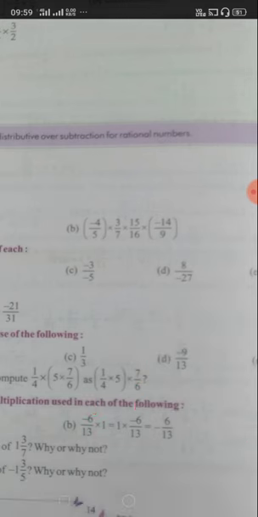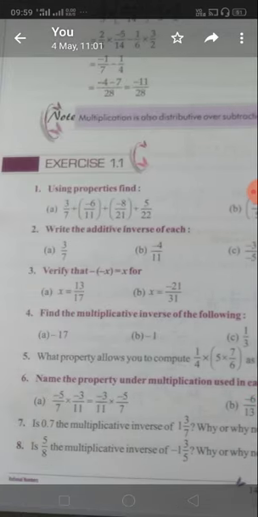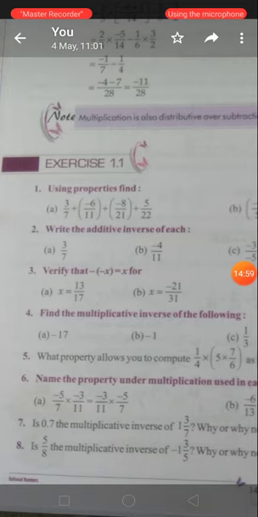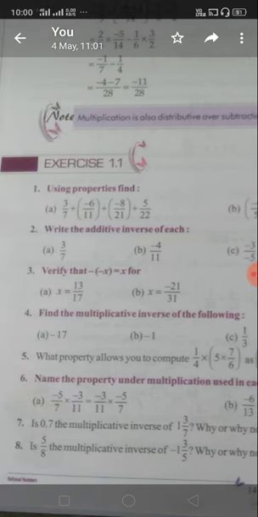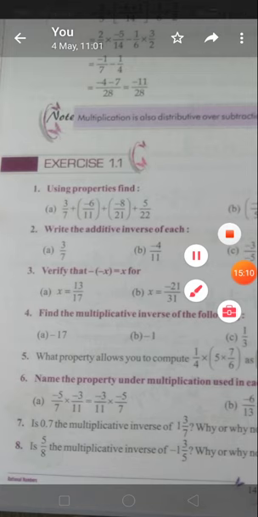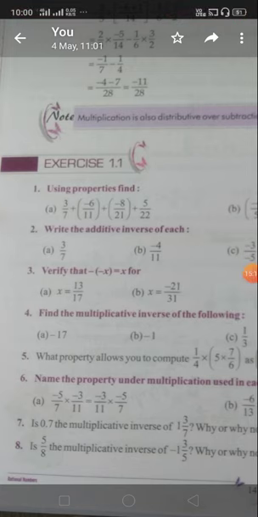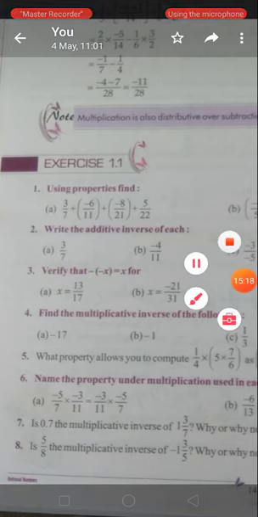Okay, now question number 7. Question number 7 is also very simple. Is 0.7 the multiplicative inverse of 1 whole 3 by 7? Why or why not? If it is, then you tell why. If it is not, then you say why not. First we will discuss whether an inverse of this is possible or not.